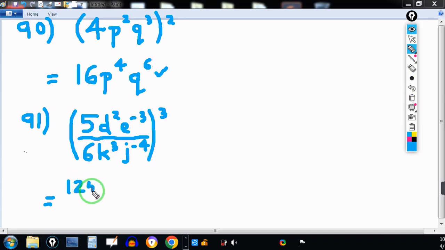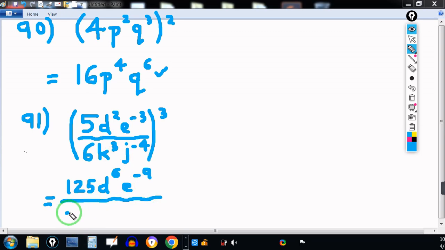And then d squared and a cube will give you 2 times 3 will be 6, d to the power of 6. And then the e to the power of minus 3 and 3 will give you e to the power of minus 9. And then downstairs is easier than numerator, denominator, denominator, numerator will get confused sometimes. Like this easier. Upstairs, downstairs, we know up and down.